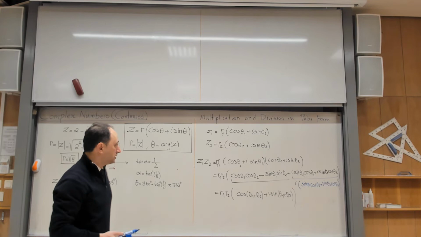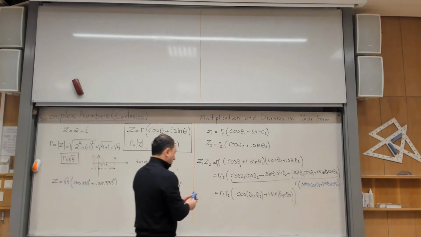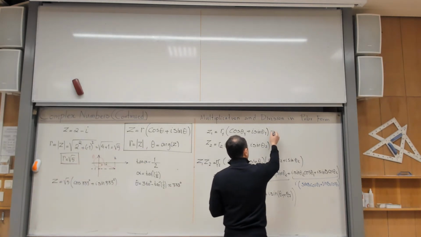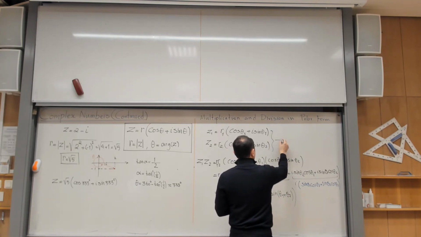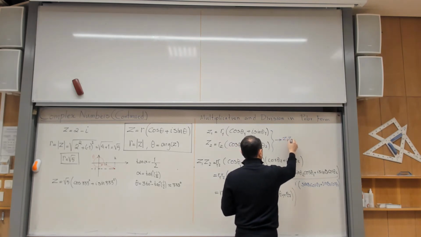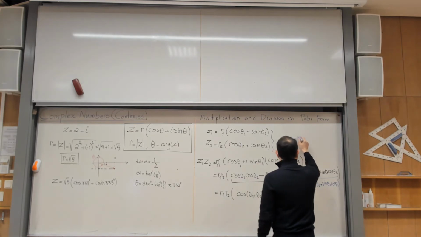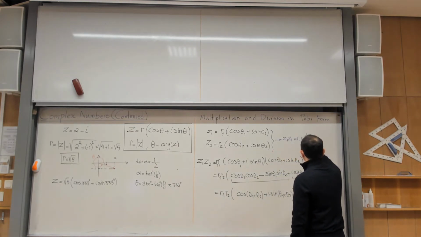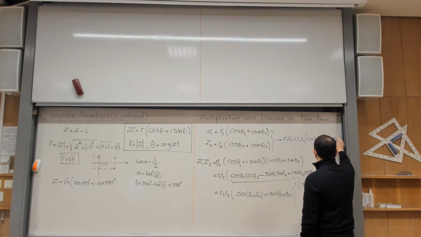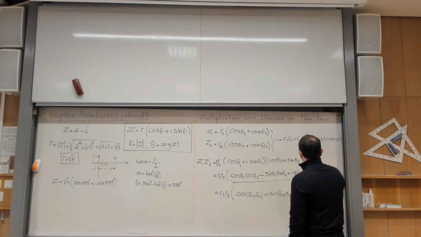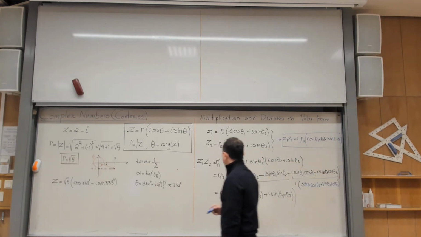So that is a nice relation. From here now, remember this is the way that you do it. You can say z1 z2 is r1 r2 times cosine of theta 1 plus theta 2 plus i sine of theta 1 plus theta 2. So that is the formula.